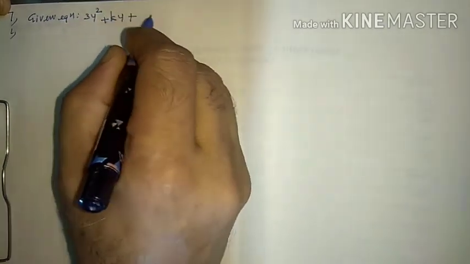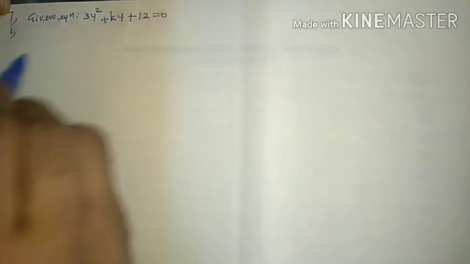Given equation: 3y square plus ky plus 12 equal to 0.